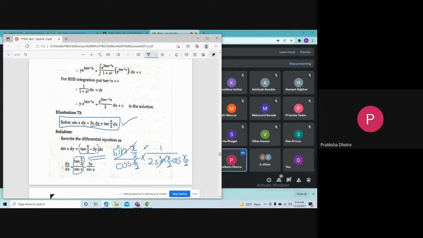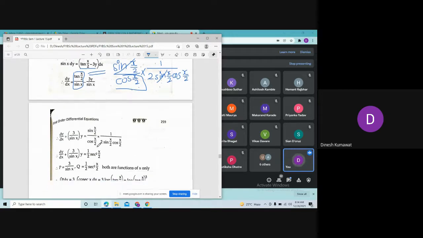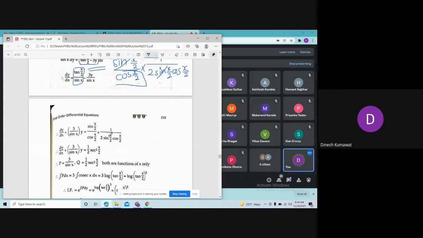Yes sir. Okay, if you want, we can use the formula for this term also, that is 2 cos square x by 2. Let's see whether we need that or not. So after simplifying it, we are having 1 upon 2 cos square x by 2, which can be written as 1 upon 2 sec square x by 2.